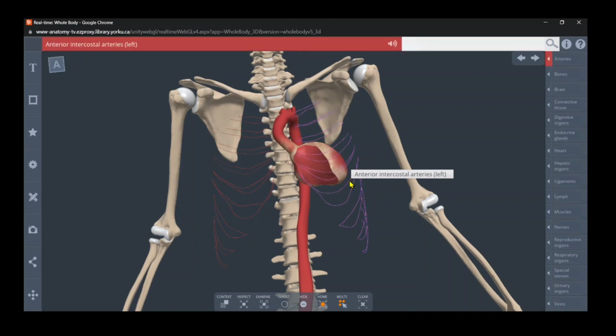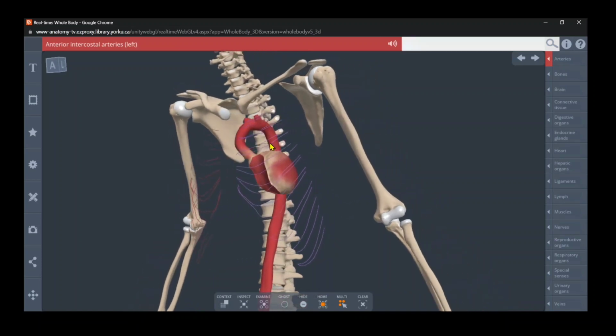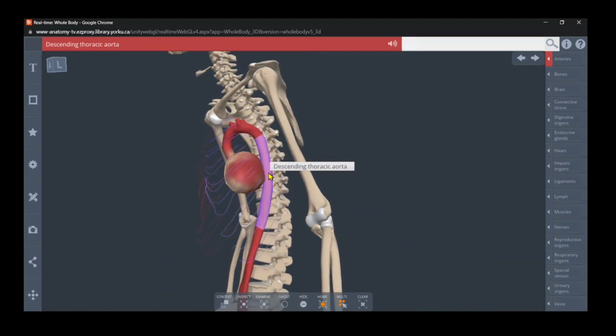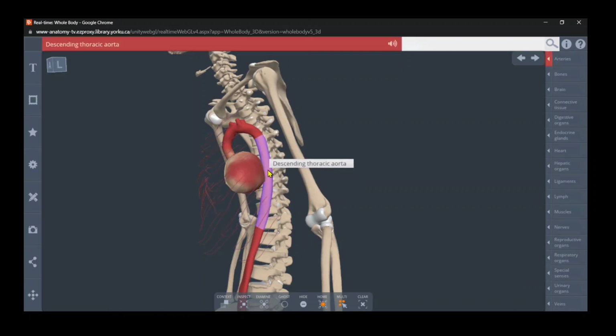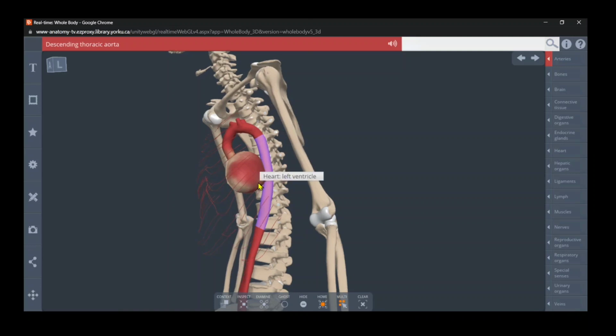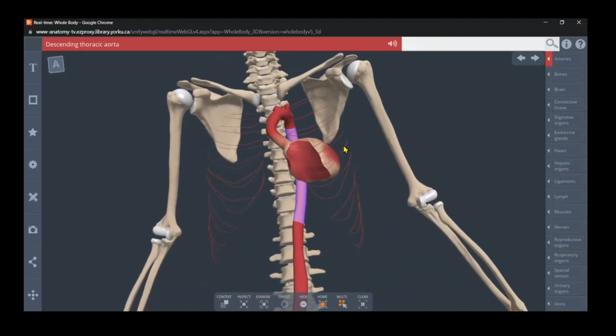These arterial intercostals, right here and right here, just supply blood to the intercostal muscles in between the ribs. And again, they are a branch off of the descending thoracic. So the descending thoracic has three branches: the visceral arteries of the thorax, the parietal or muscular arteries of the thorax, and then the intercostals, which are these.